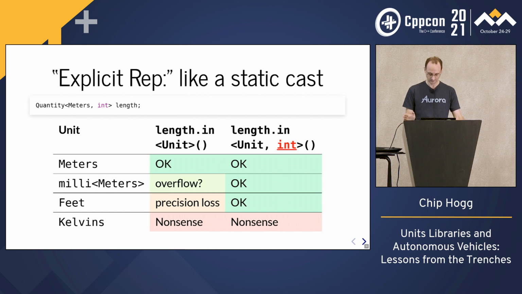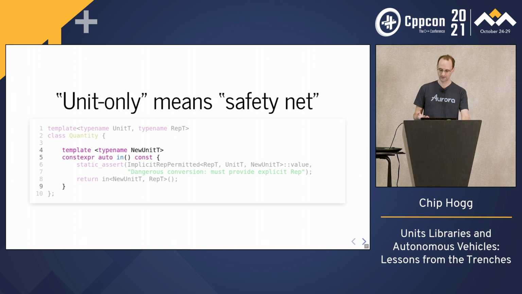Okay. Now we're ready to talk about how we think about the overflow problem. Since the 2-argument version is semantically a static cast, we tell people to strongly prefer the unit-only version, because this gives us a place in our APIs where we can hang a safety net. Here's the implementation of that single argument version.